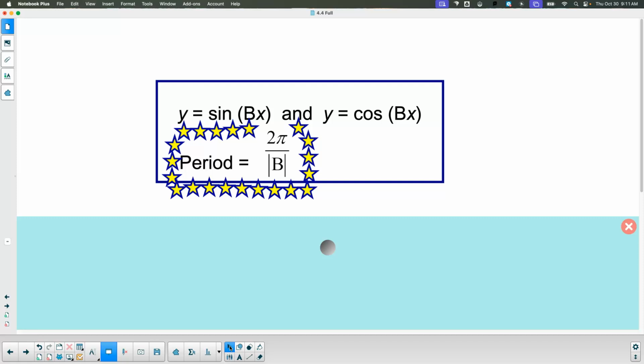Okay? So you take the absolute value of b and you divide 2 pi by it, and that gives you that length of the period, which for today, Tuesday it'll be different, which for today is also your end value because we're starting at 0. Okay?